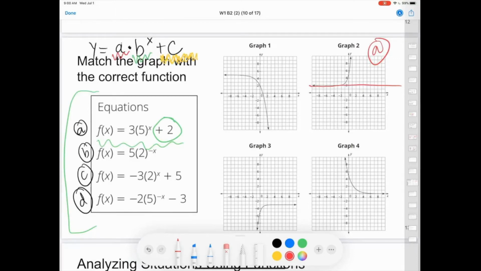When you type your answers in, like the one I just did, you could do graph 2 goes with A, and then do that for the other graphs. Just type it in, but don't submit yet. I'll give you guys another minute. Jerry, not yet.